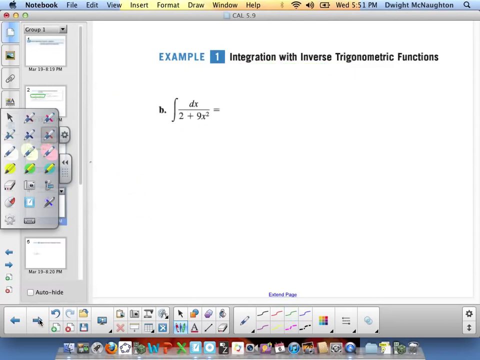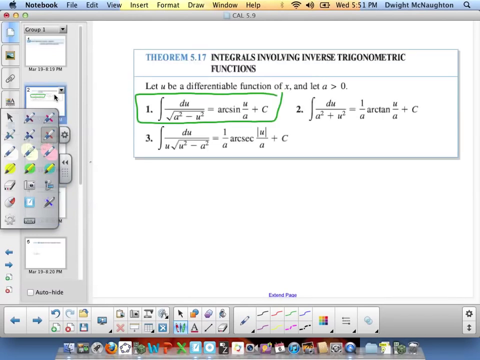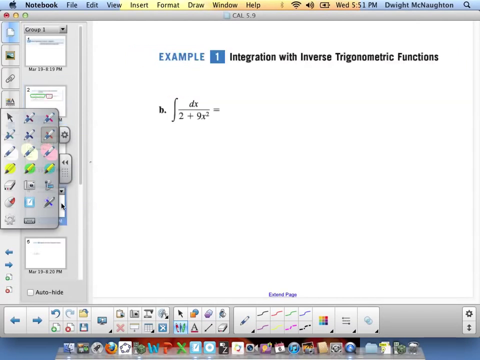All right, the next one, which one follows the pattern dx over 2 plus 9x squared? If you take a look, there's only one that has addition in it. It's that one. So if we come back, the pattern was du over a squared plus u squared equals 1 over a arctan of u over a plus a constant.